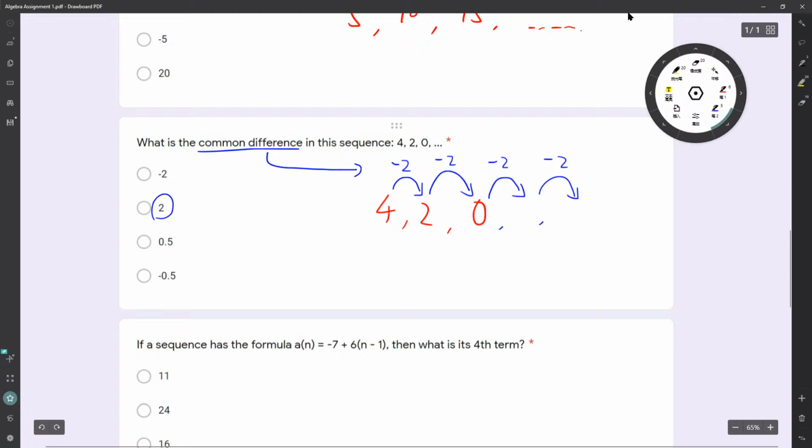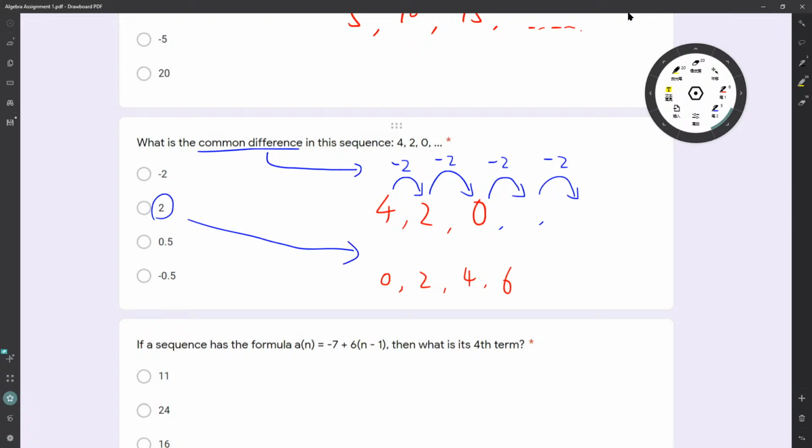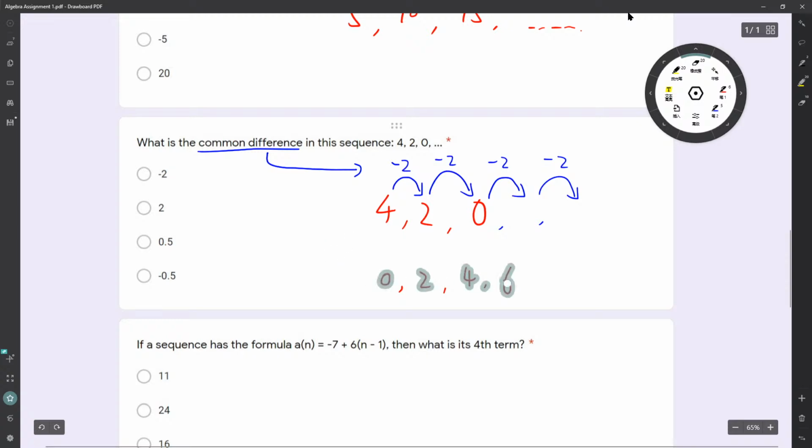If it is positive 2, your terms should look like 0, 2, 4, 6, like that. But the original sequence's common difference is negative 2. Therefore, our answer is negative 2.